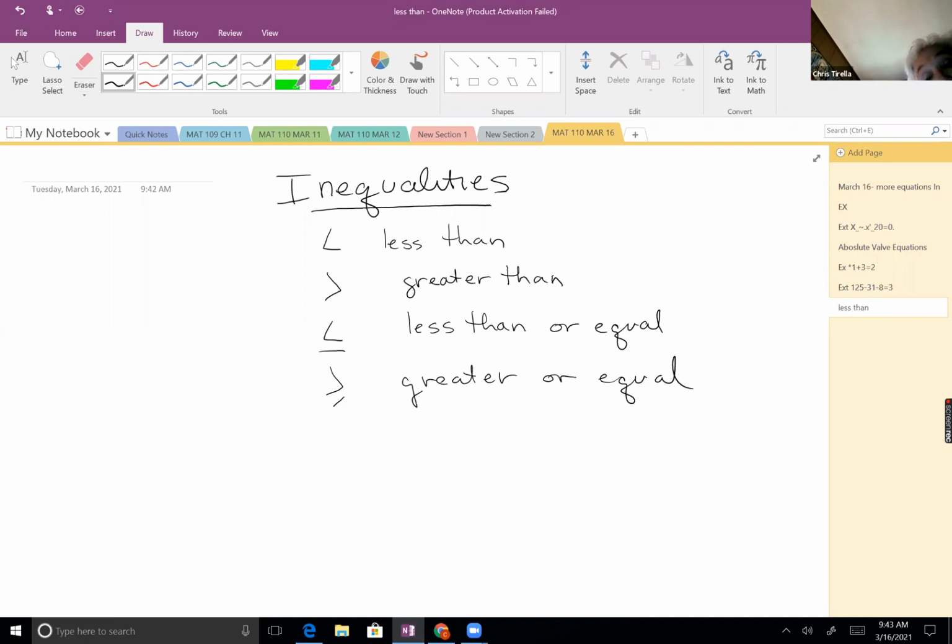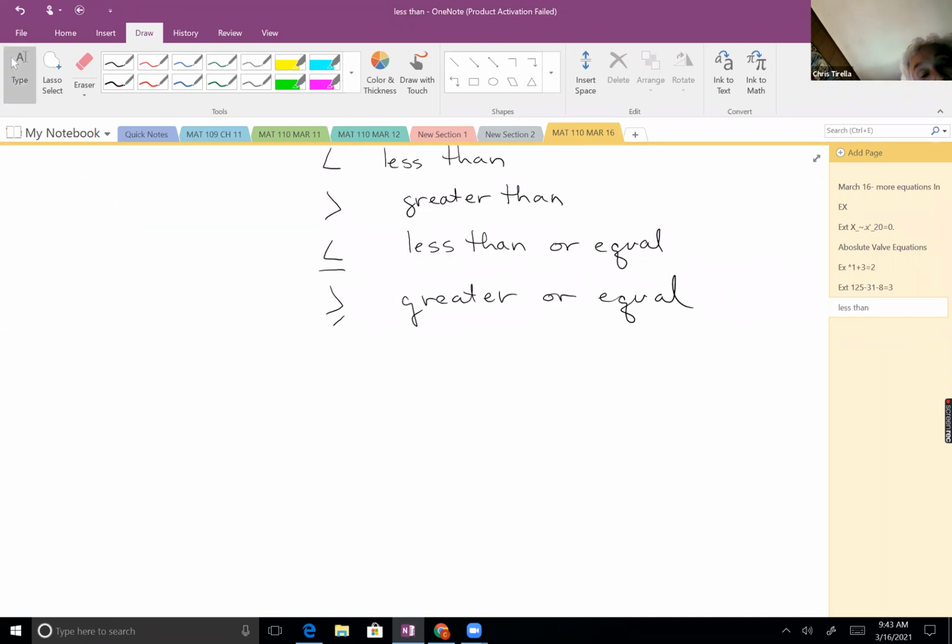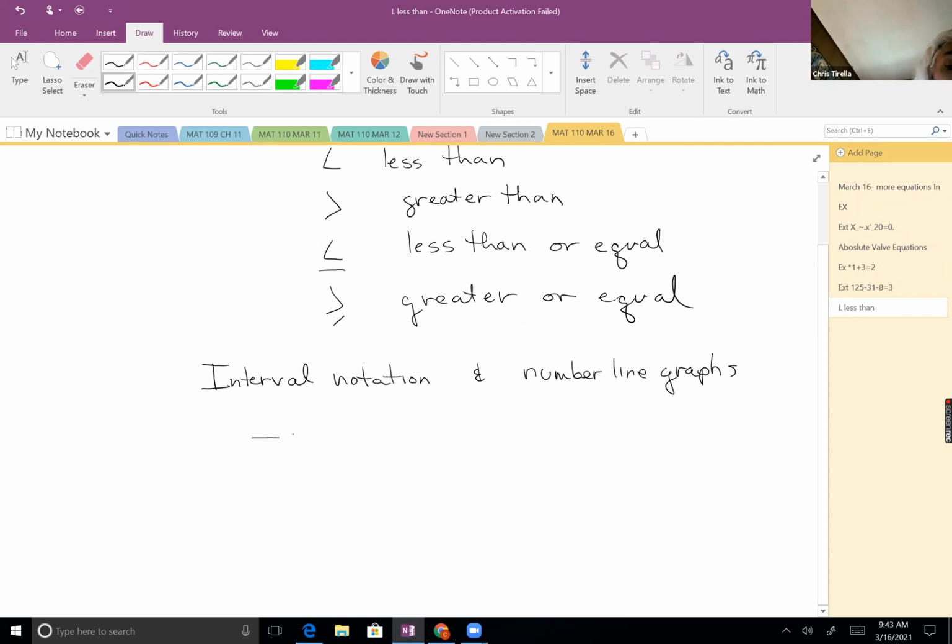We also looked at interval notation and number line graphs. With interval notation, we said we had a pair of numbers. One was the lowest value, the other was the highest value.